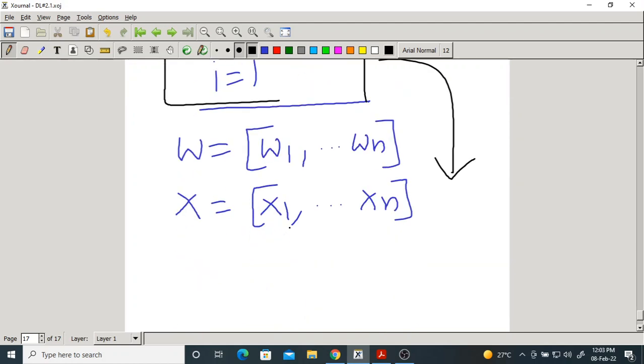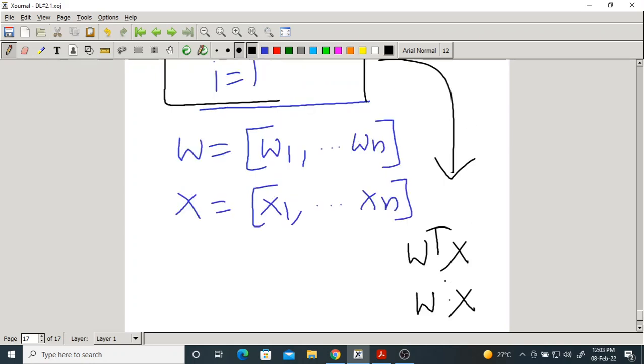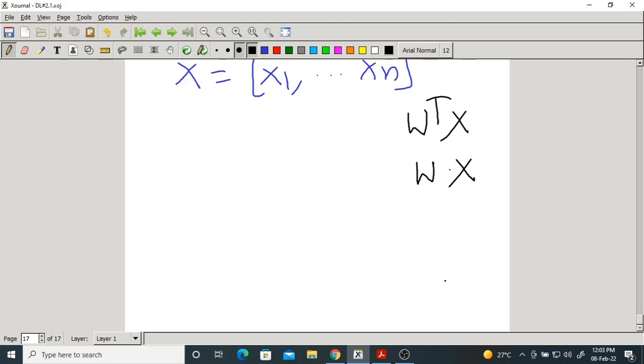Obviously w transpose into x or w dot x. Please remember. So finally the weighted sum can be b plus w transpose into x, or you can also say b plus w dot x.